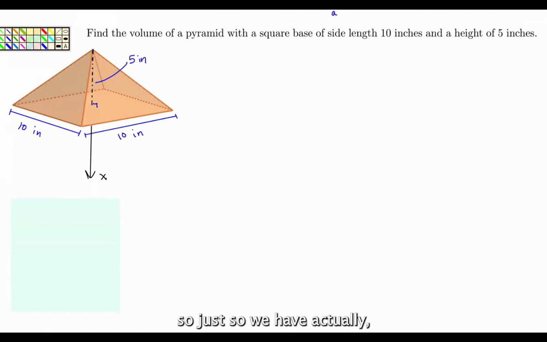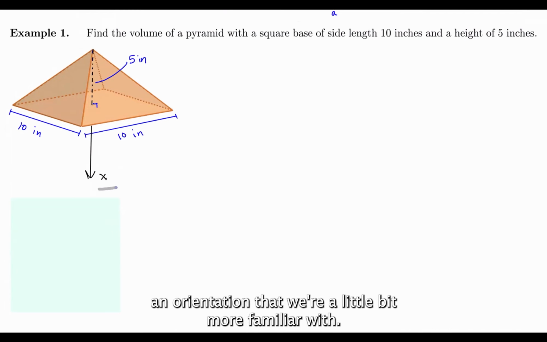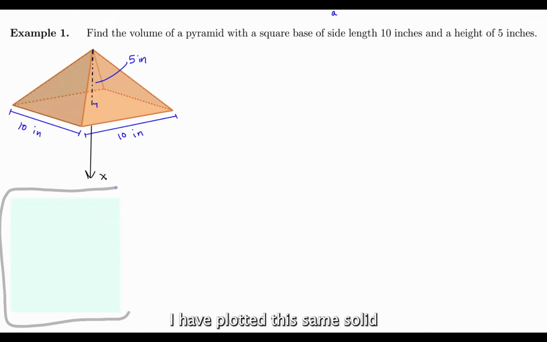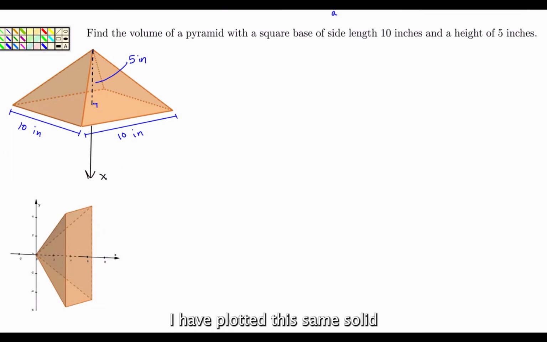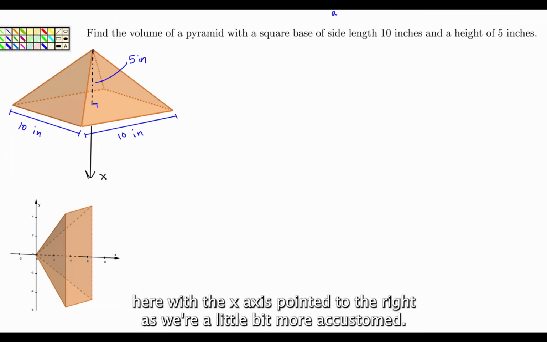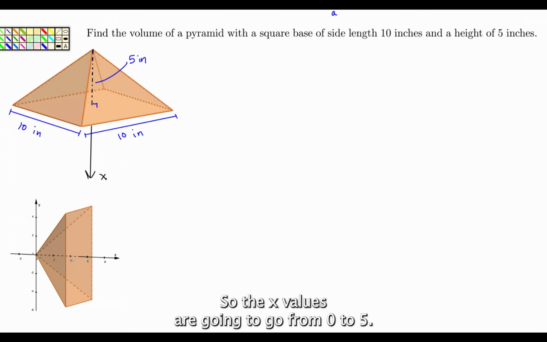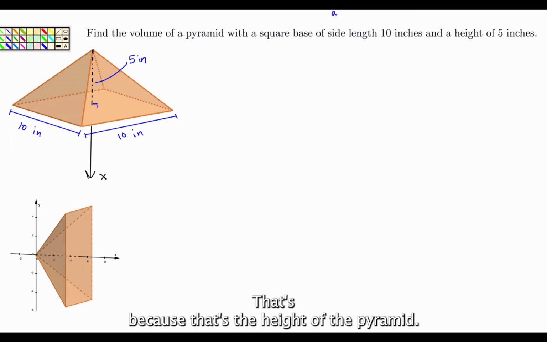So just so we have an orientation that we're a little bit more familiar with, I have plotted this same solid here with the x-axis pointed to the right, as we're a little bit more accustomed. So the x values are going to go from 0 to 5. Okay, that's because that's the height of the pyramid.